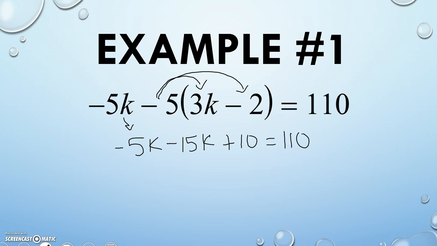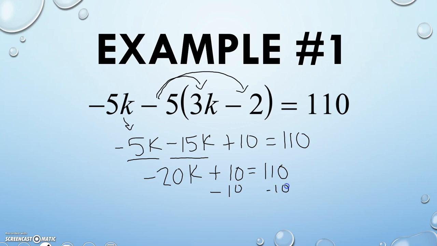Okay, now this should look very similar to your last standard. So we're just going to combine like terms and solve. So we have negative 5k, negative 15k. Negative 5 minus 15 will give us negative 20k plus 10 equals 110. We will subtract 10 from both sides.